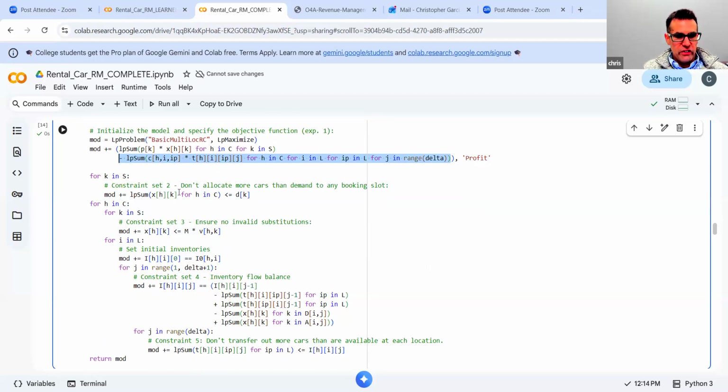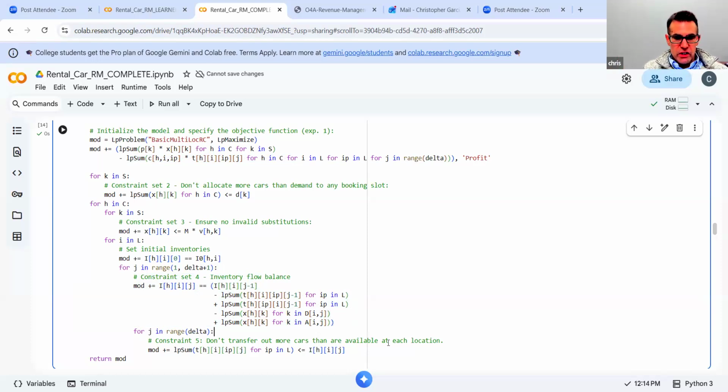Okay, and then we have two constraints to implement. The first one is going to be the inventory flow balance, which we implement like this. Again, this is a long expression, so I just do it on multiple lines. We add to the model I_hij equals I_hij minus 1, and then we subtract out the transfers out from the previous night, add in the transfers in from the previous night, and the car is rented out on the current day, and the car is returned on the current day.